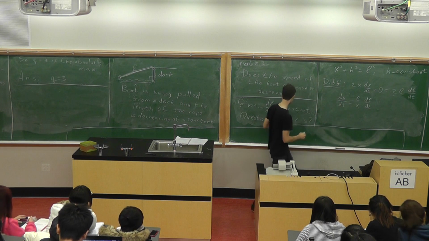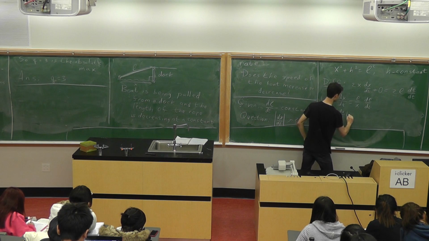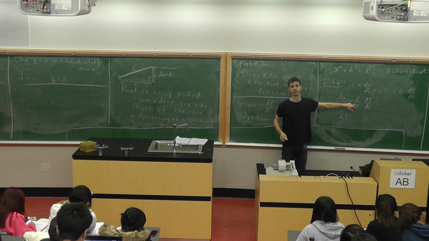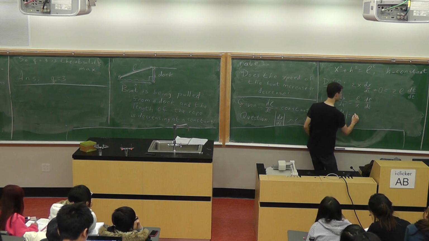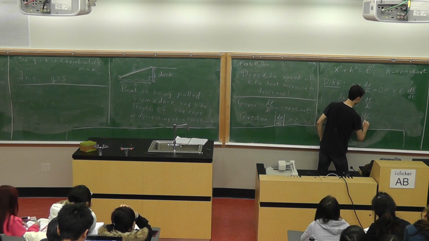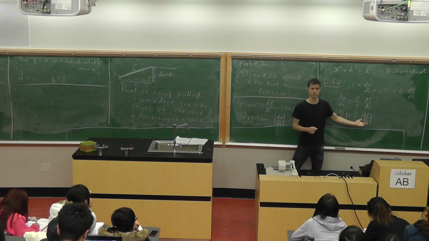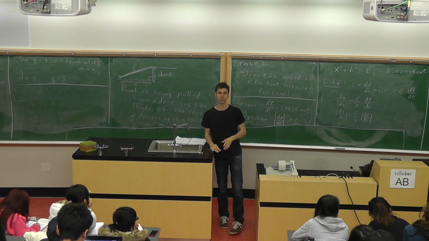Well, we are interested in absolute values, so let's write dx/dt in absolute value. Both L and x are positive, so applying absolute value doesn't change this. dL/dt is in fact negative. The length of rope decreases, so we should put an absolute value sign on this as well.